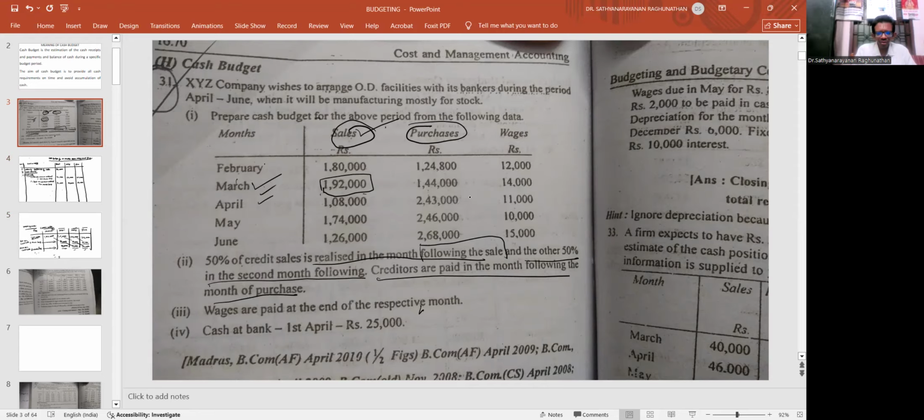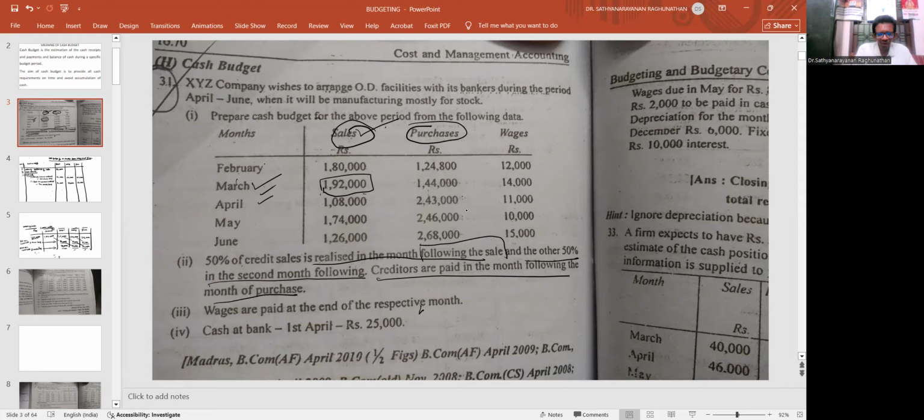So in the April month, if you write it as 2,43,000, your answer will become affected. Your answer will be wrong. Here March month you have purchased from the supplier. You are giving this 1,44,000 in the month of April only. April month you have purchased for 2,43,000. You are paying this 2,43,000 only in the month of May.